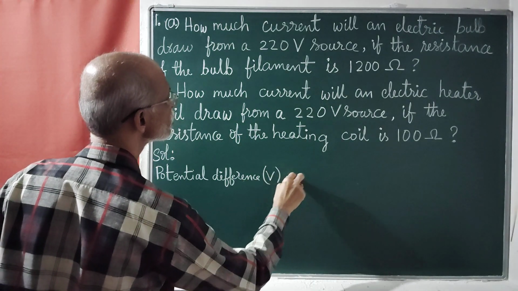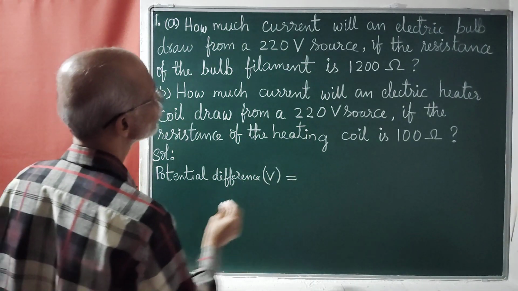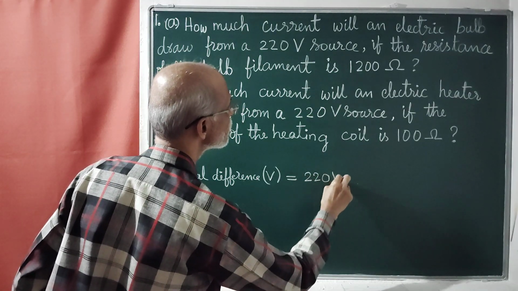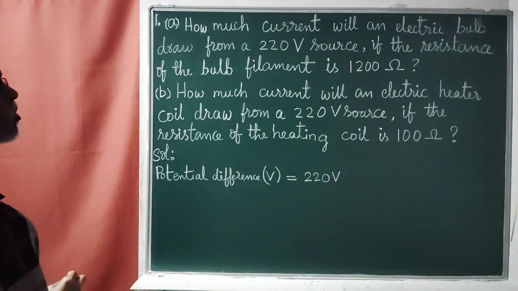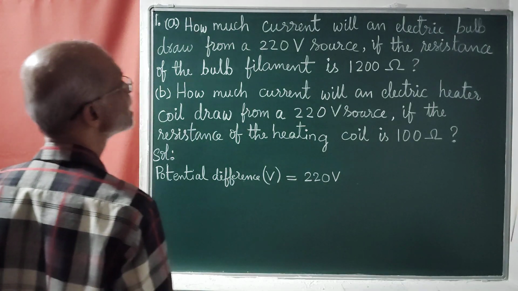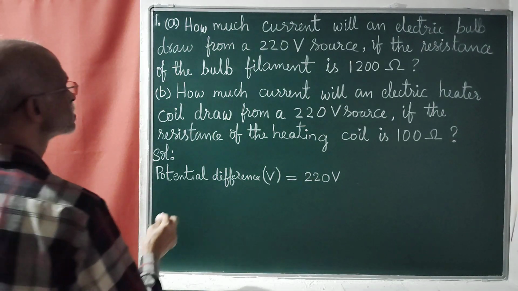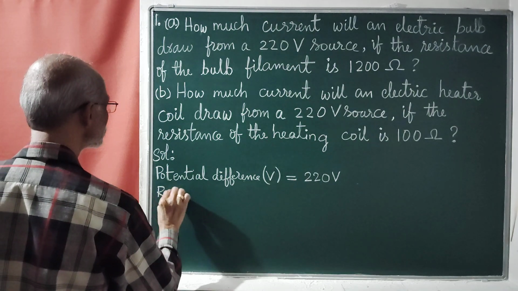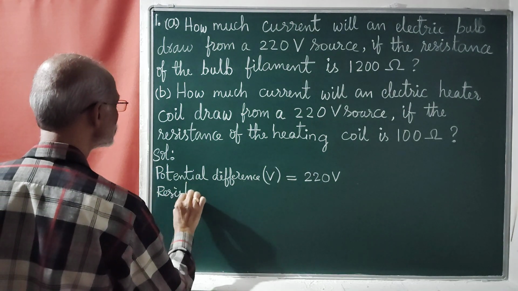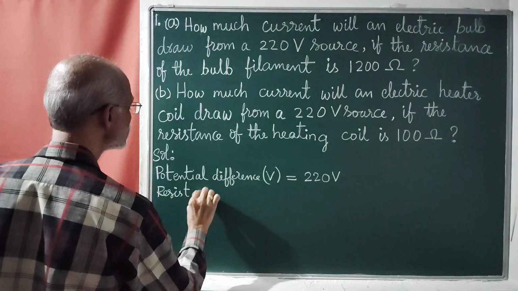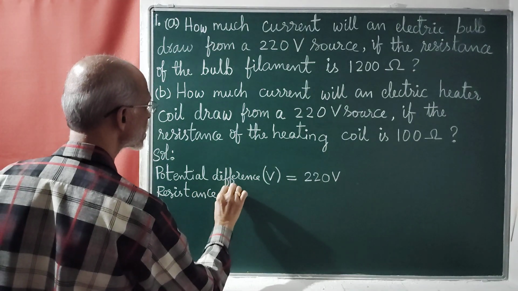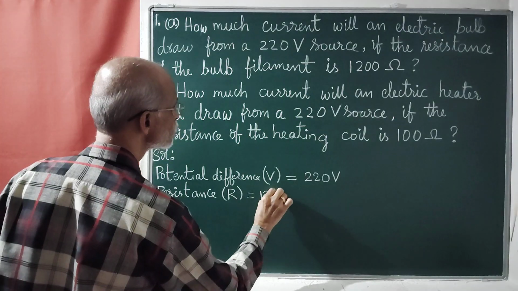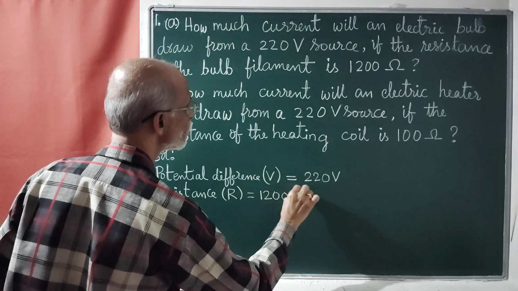V is equal to 220 volts. Next, they are given the resistance, R equal to 1200 ohm.